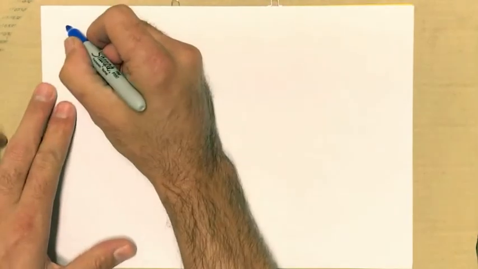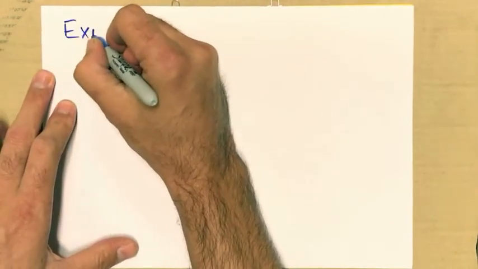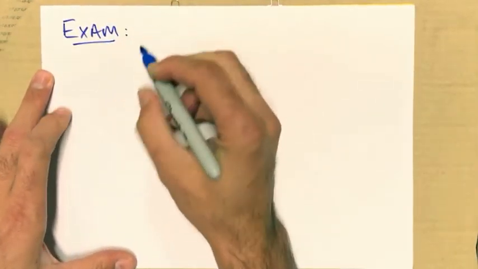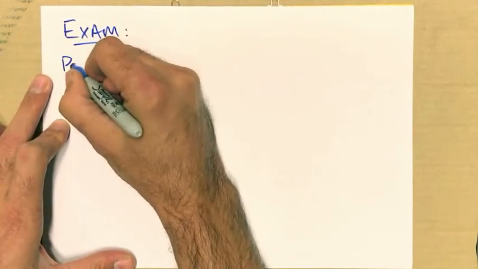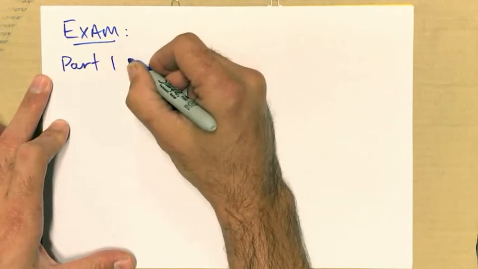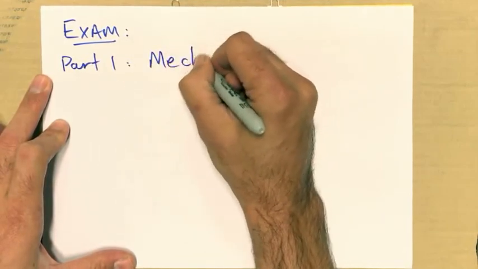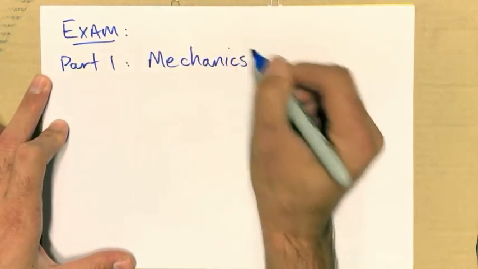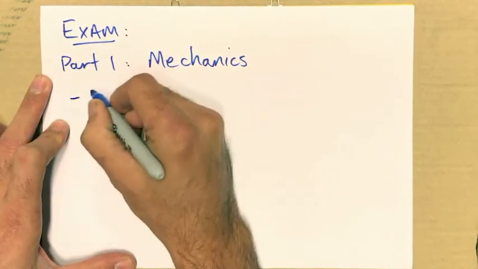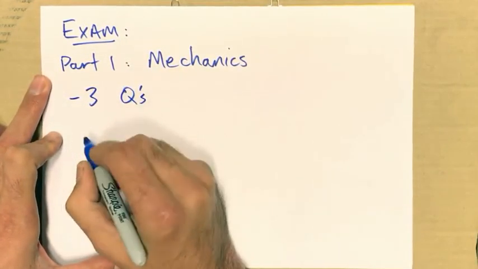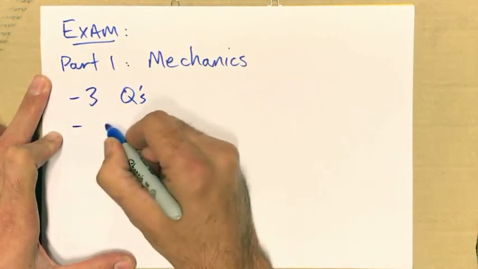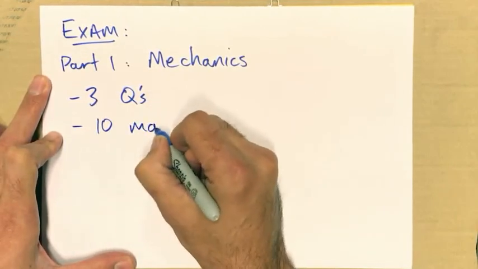Okay, as I've said already, the exam will consist of 2 parts. Part 1 is mechanics. Part 2 is materials, which I'll not say anything about here. There are 3 questions, each question is worth 10 marks.